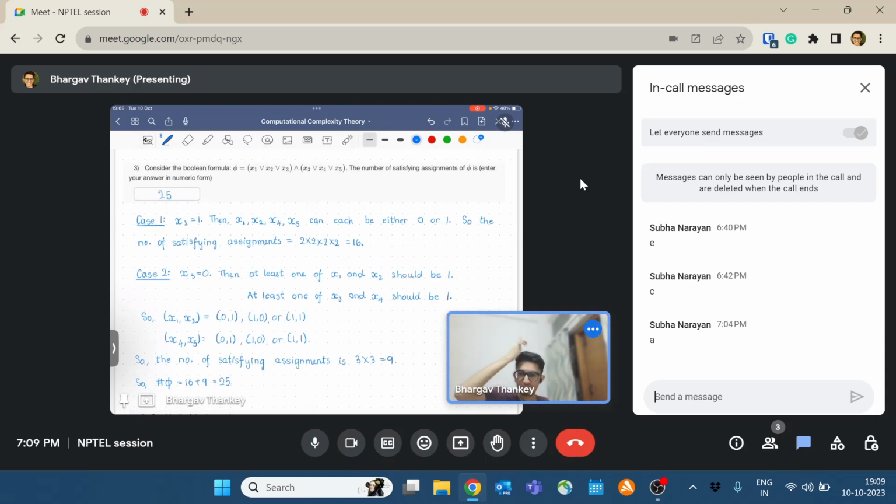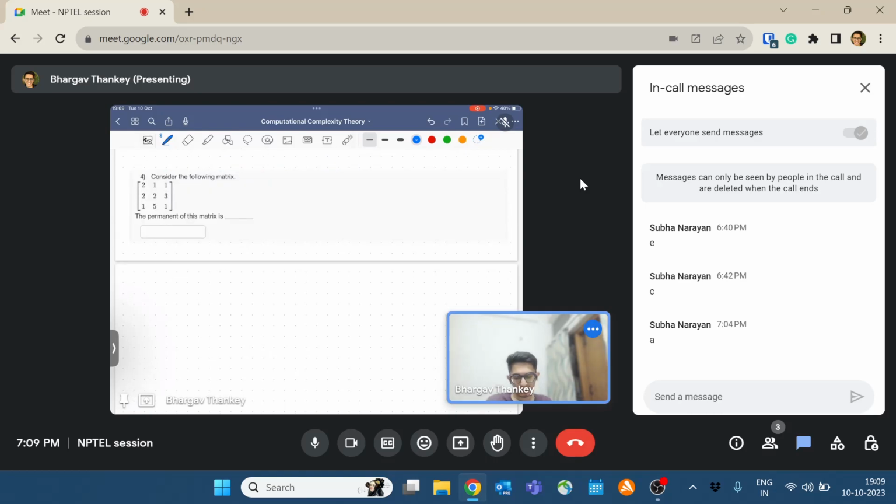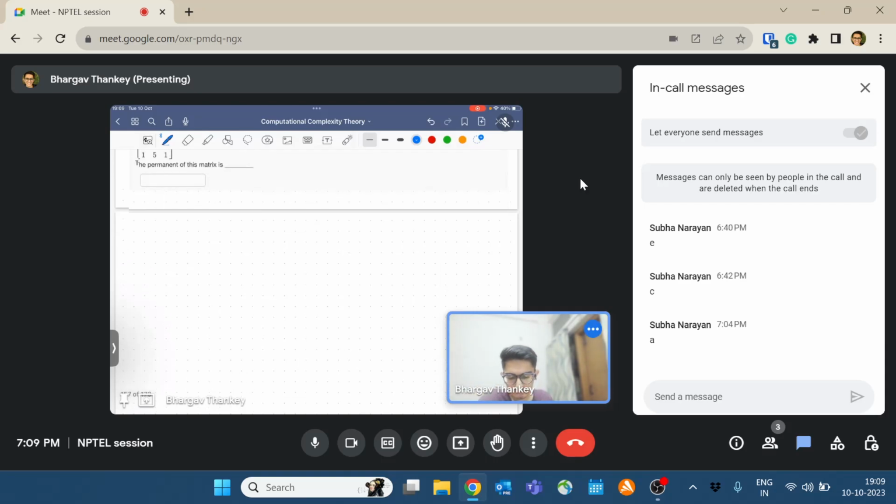Is this fine? Then let's look at the next problem. Next, we are given this matrix and we are supposed to find the permanent of the matrix. So let's work this out.